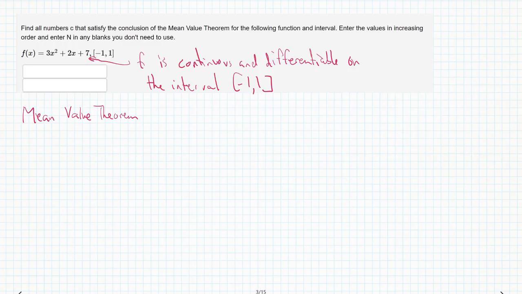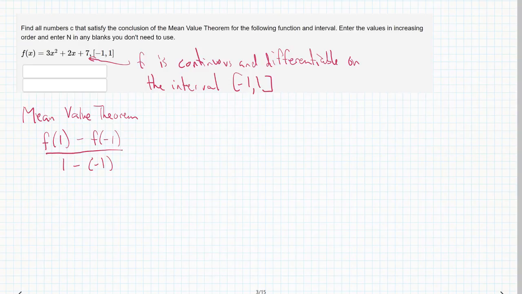Alright, so with that in mind, the mean value theorem states that we can go f of 1 minus f of negative 1, all over 1 minus negative 1.